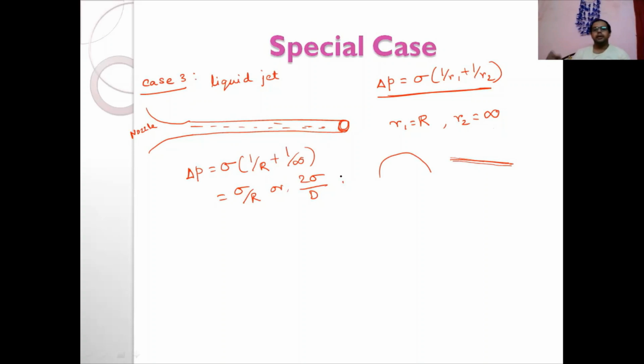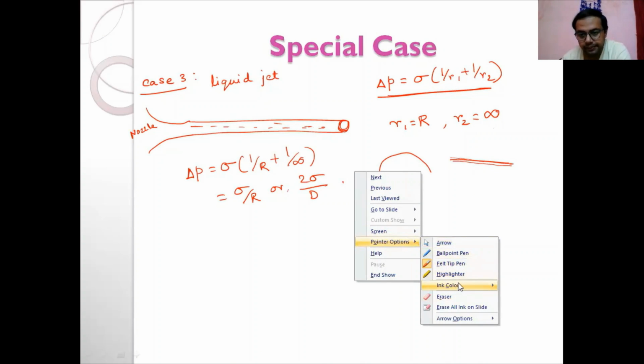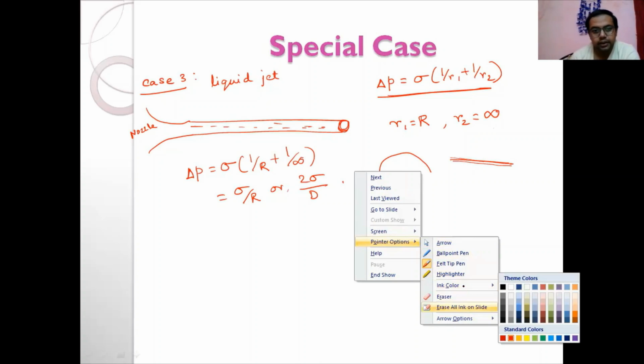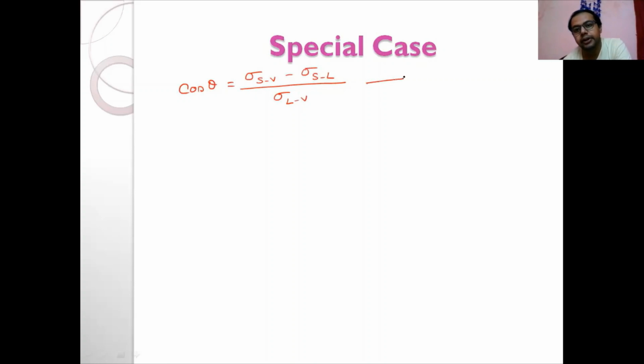Whatever equations we get from surface tension, we'll list them here next, and we'll see how effective those equations are. The first equation, from Young's equation, is cos theta equal to (sigma S by V minus sigma S by L) divided by sigma L by V. That is equation number 1.